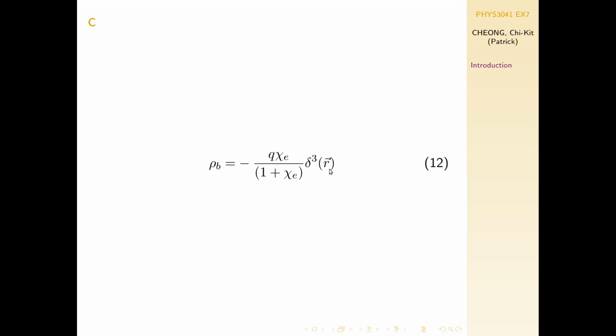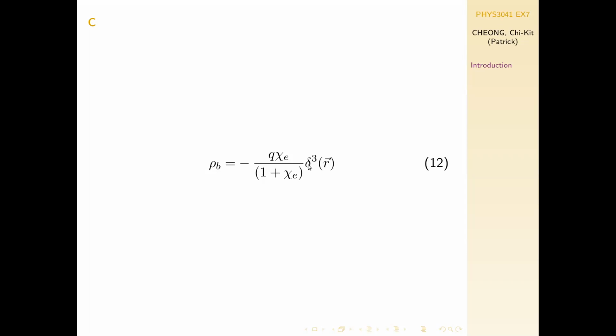If this is not intuitive to you, you may do a volume integral on both sides to obtain the total charge. Because of the properties of the delta function, you will obtain 0 if your integration does not cover the origin, meaning your integral doesn't cover the point charge.